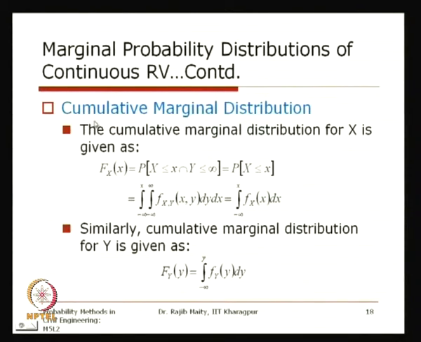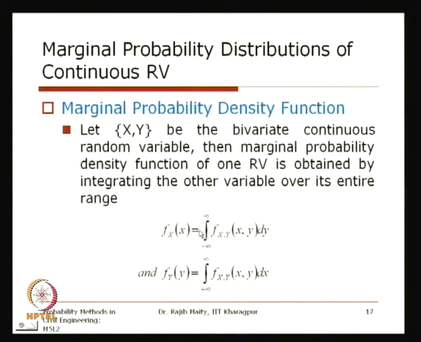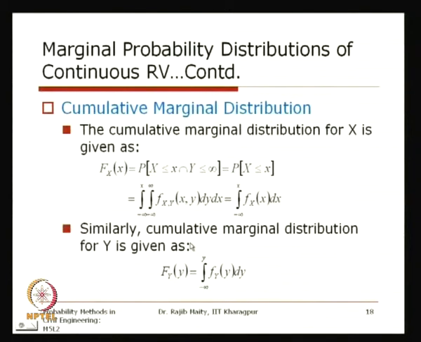Now, for the cumulative marginal distribution, once we get that f_X(x), that PDF, we can do the integration again from minus infinity to some specific value x to get the cumulative distribution function.